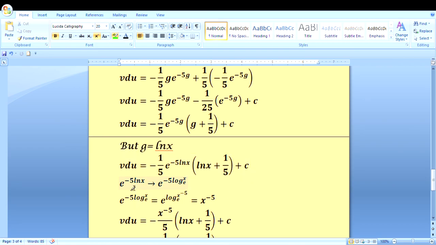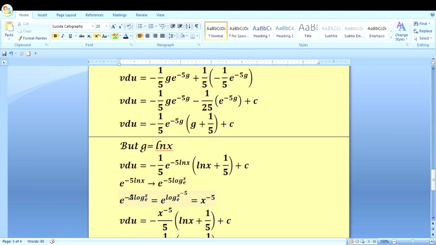Here, if you look at this carefully, we must do some workings. This is one of the laws of indices. So minus 5 here has to move this way. So exponential minus 5 ln x can also be expressed as exponential minus 5 log x to base e.